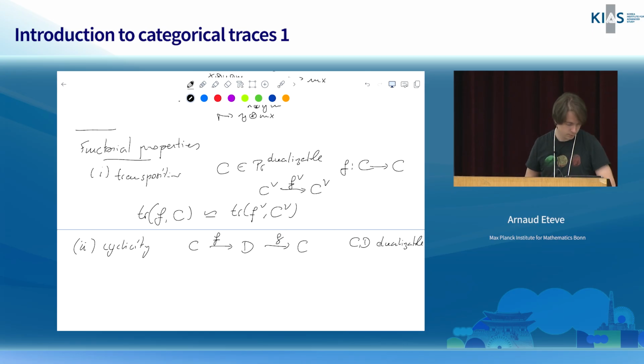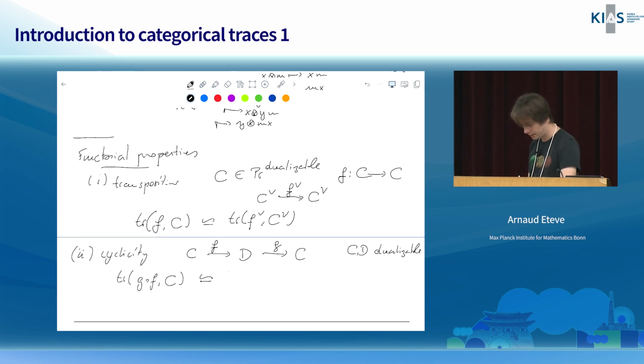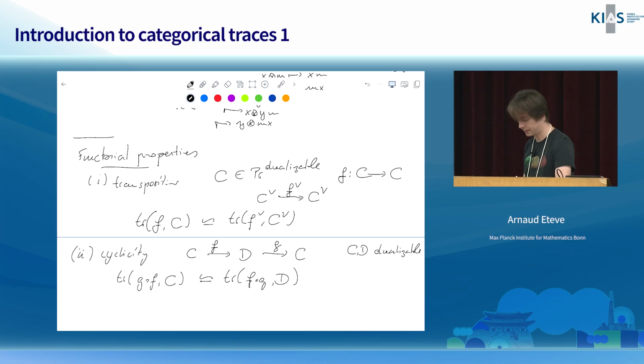For F and G morphisms like this, you can take the trace of G composed with F on C, and the same property you know for vector spaces is true here: it's isomorphic to the trace of F composed with G acting on D this time.